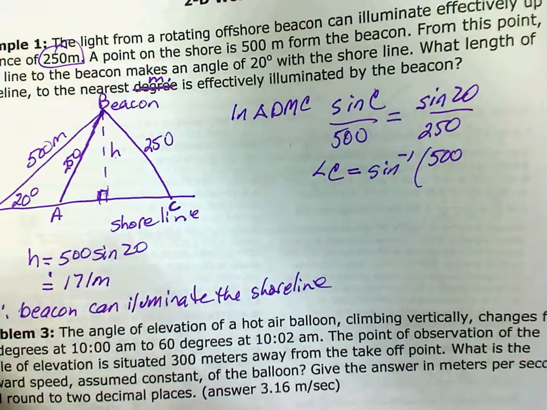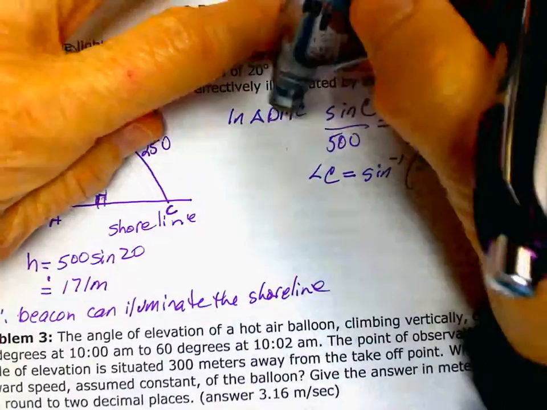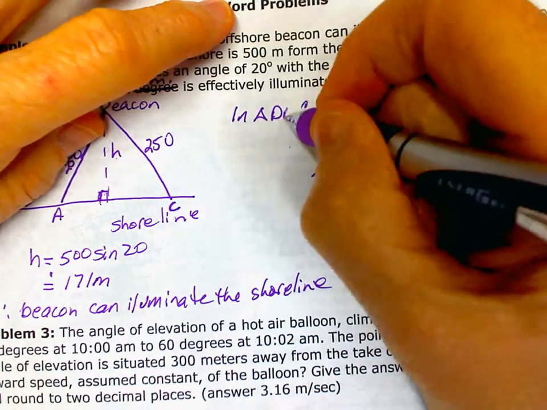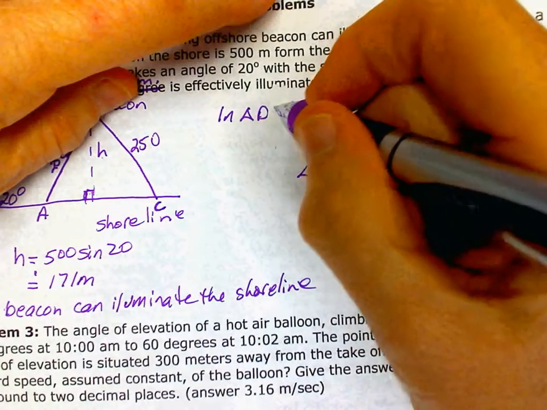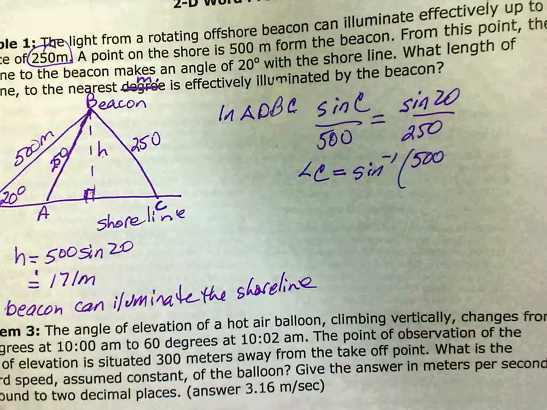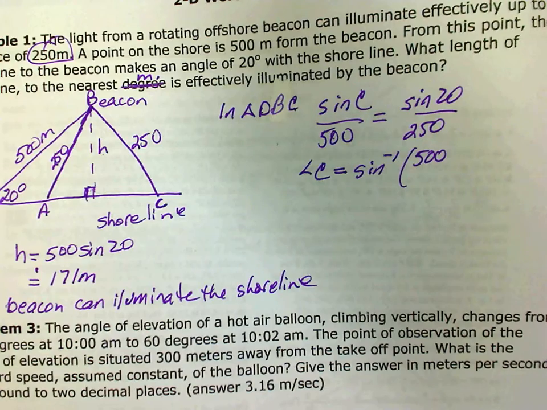I don't know where I got M from, but it should be DBC, not DDC. That wouldn't be a triangle. How's that? Better? Okay, that's good.